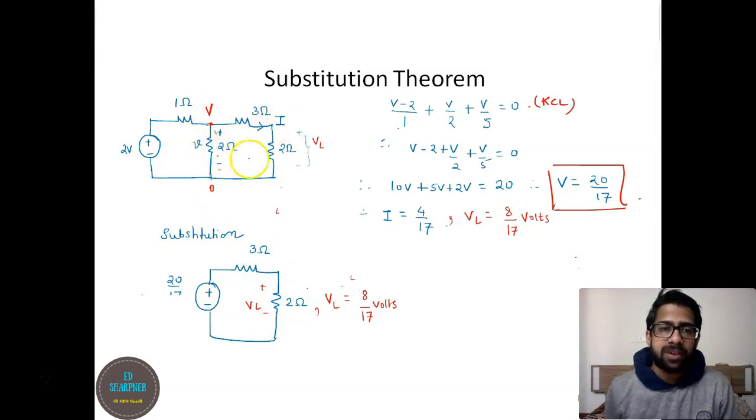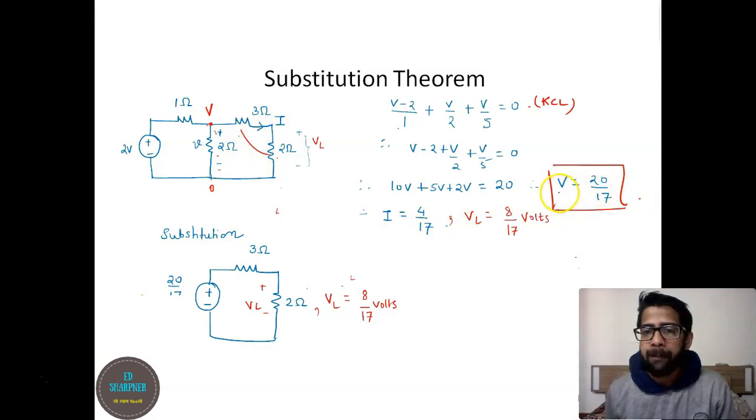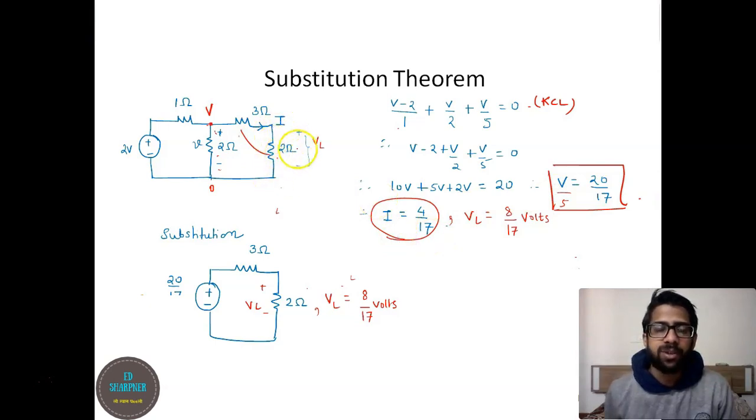The current passing through this particular branch should be I equal to 4 upon 17, because we divide 20 by 17 by the resistance, which is 3 plus 2 in series, so 5. The current passing through the 2 ohm is 4 by 17, and VL hence should be 8 by 17 volt.